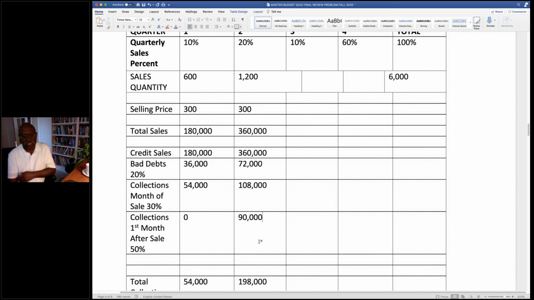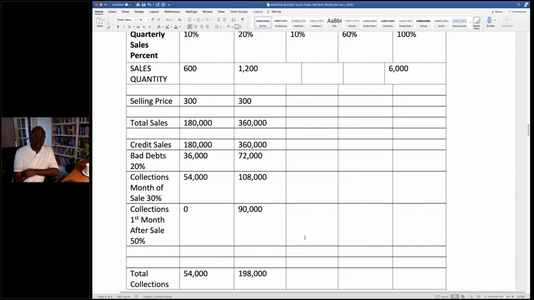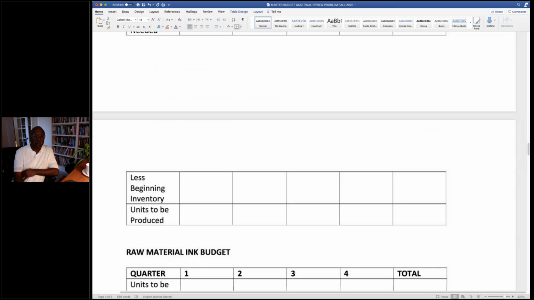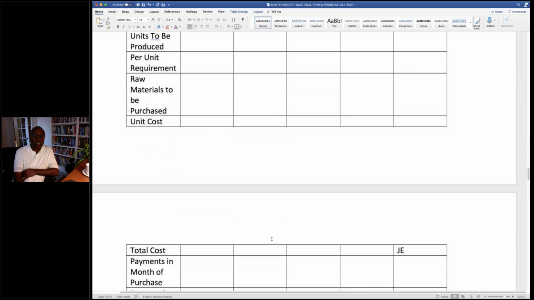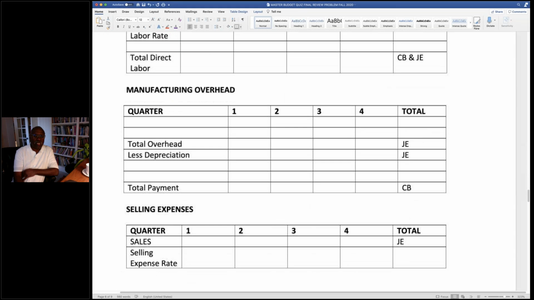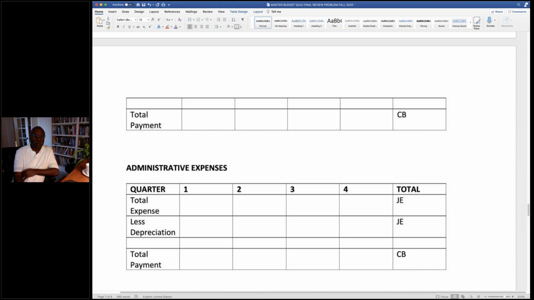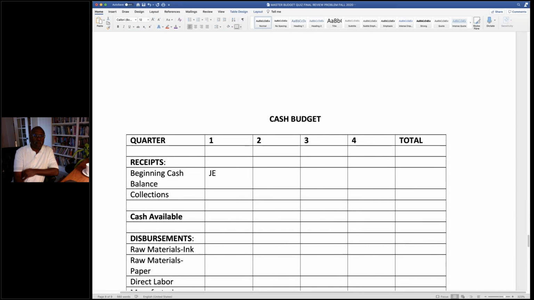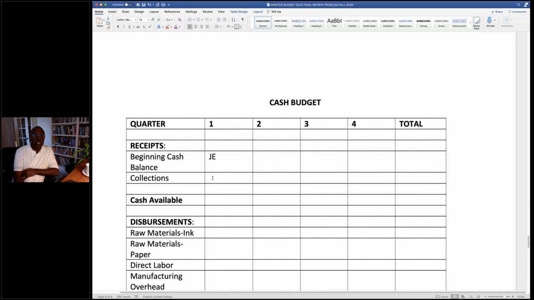We add the two numbers together and we get what? 198. And we're going to come in here and post those numbers here.